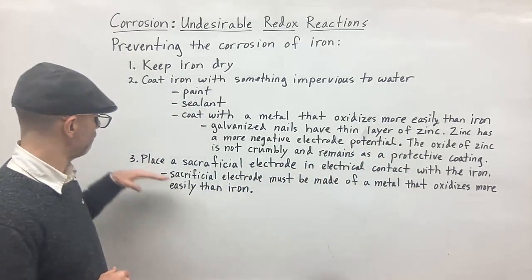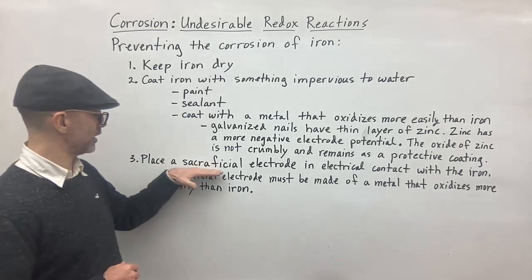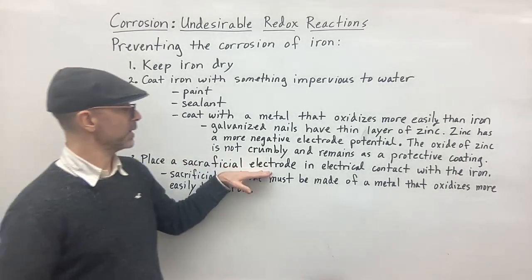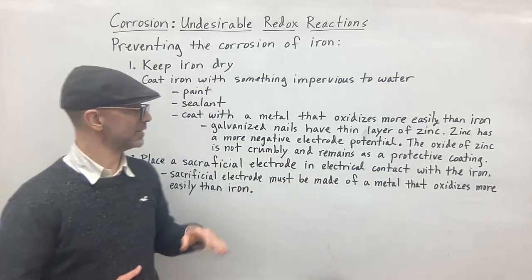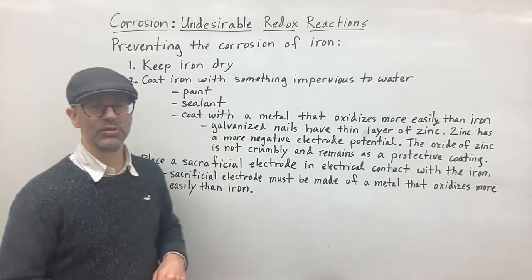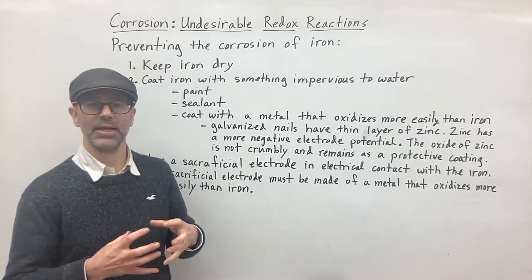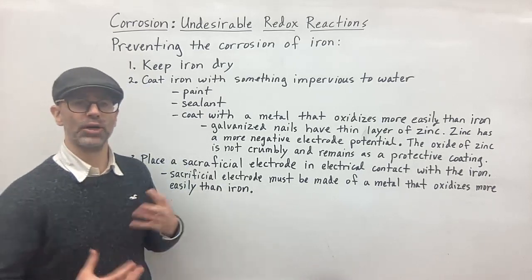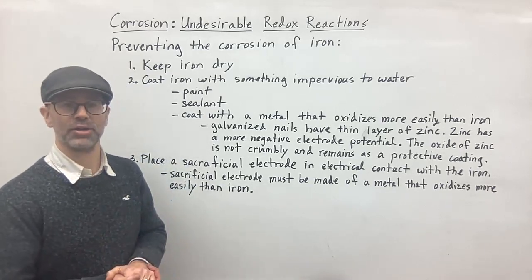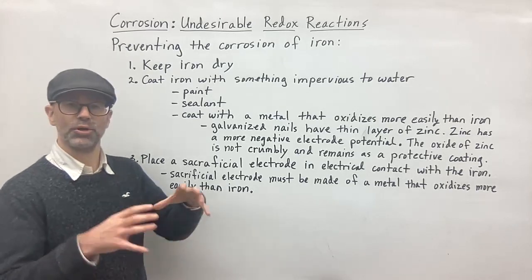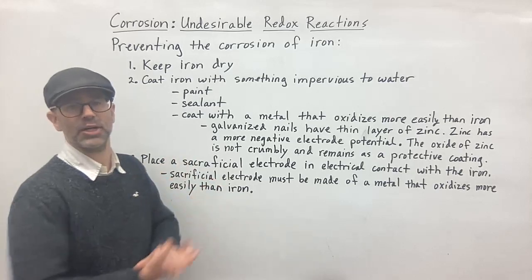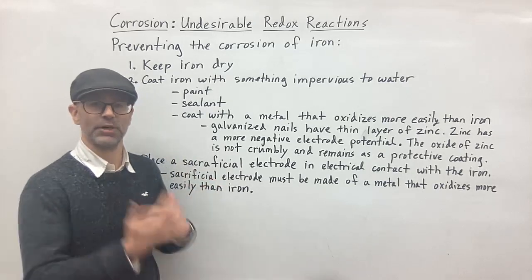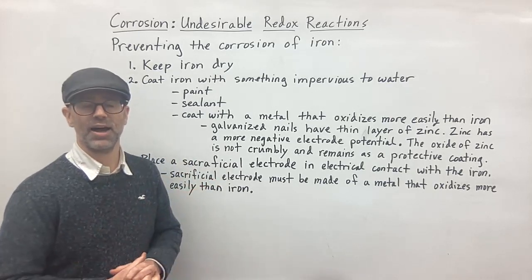In a similar way, finally, third, you can place what is called a sacrificial electrode in electrical contact with the iron. So basically, just like with the galvanized nails, you want to have a metal that is more easily oxidizable compared to the iron. So if you put that into contact with the metal iron, then that metal will be oxidized first before the iron is.